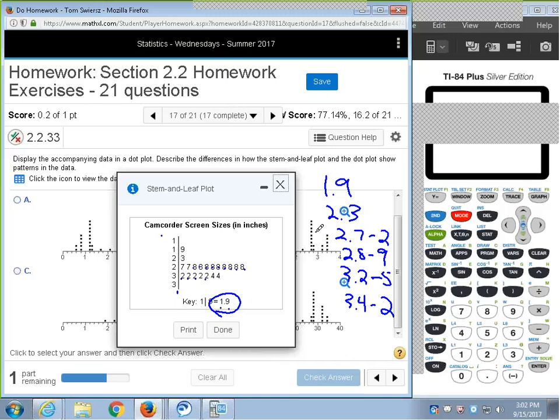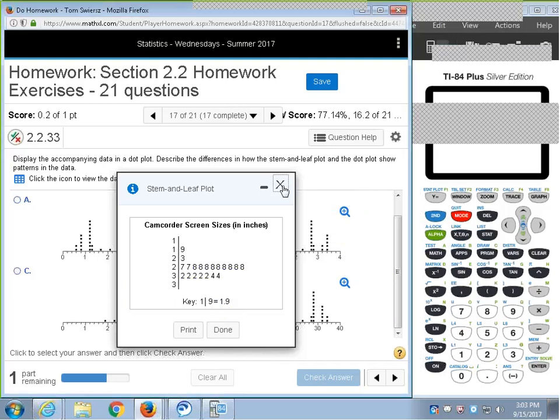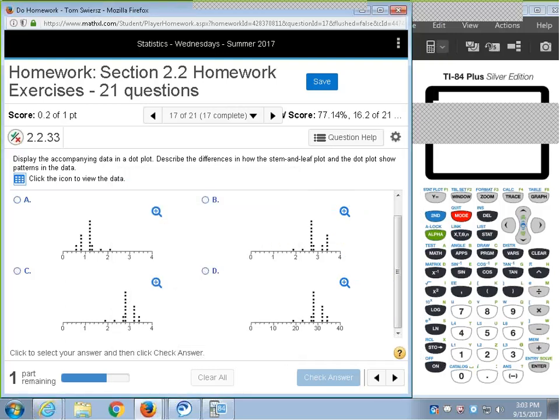So, we have to match the dot plot with those values. So let me quickly write those down so then we can match, because we're going to lose that from the screen. Okay, so the values are 0 through 4, right?